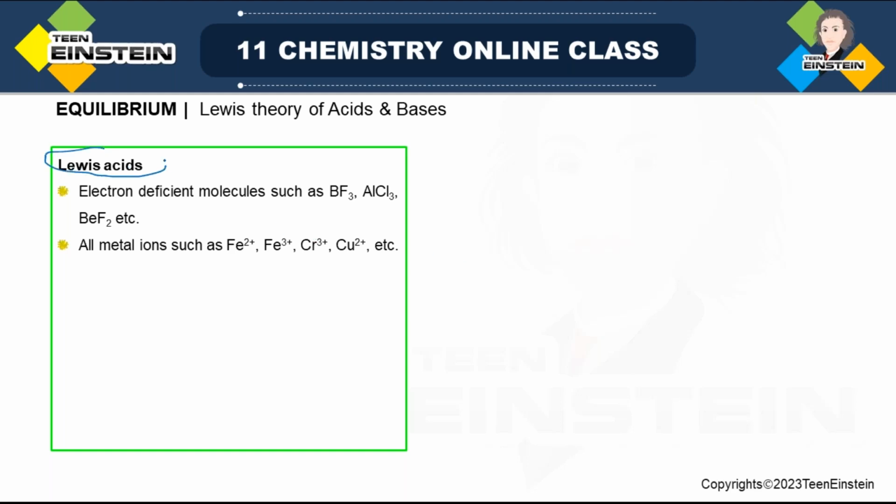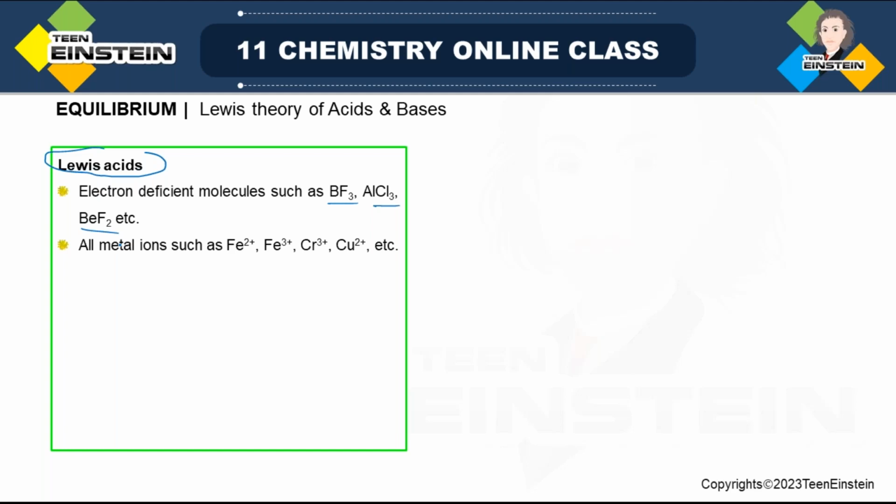For Lewis acid, first, electron deficient molecules such as BF3, AlCl3, BeF2. Remember, in the limitations of Bronsted theory, in the last class, we saw that this type of molecule you cannot call acid if you are considering Bronsted theory, because according to Bronsted theory, an acid should give H plus. But in this molecule, where is H?